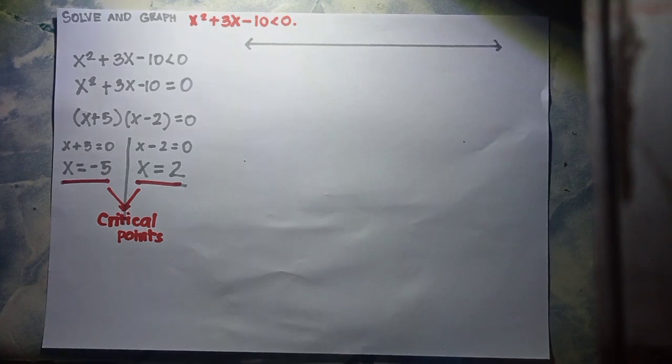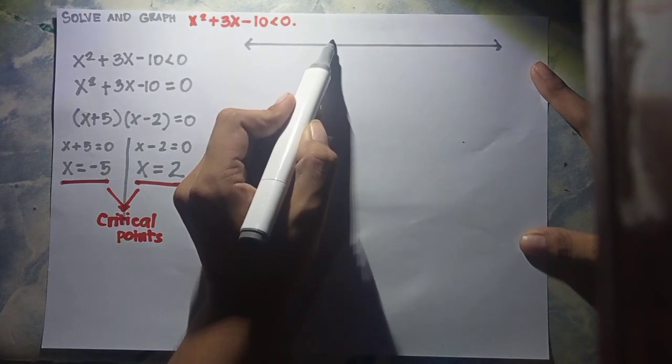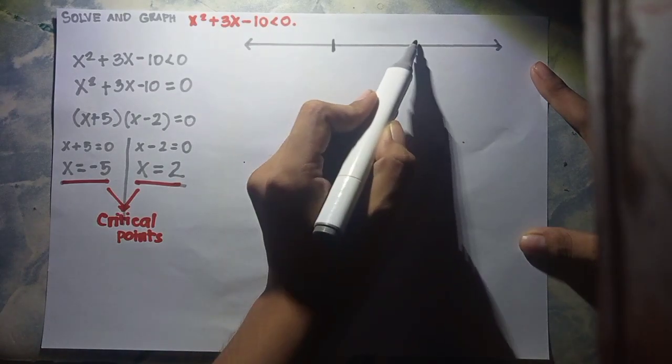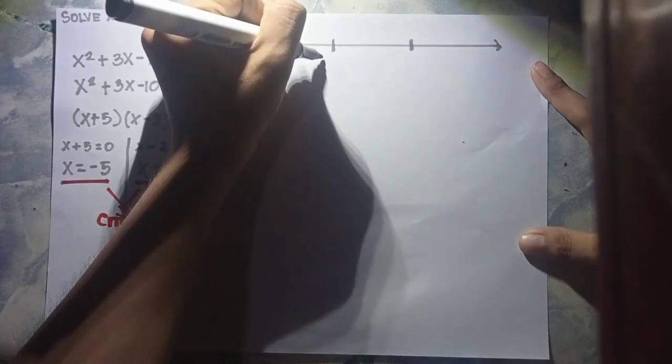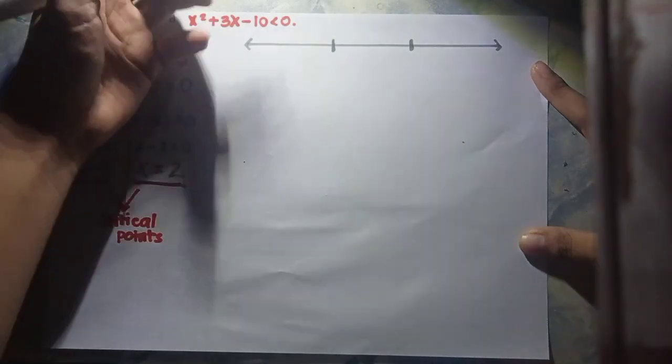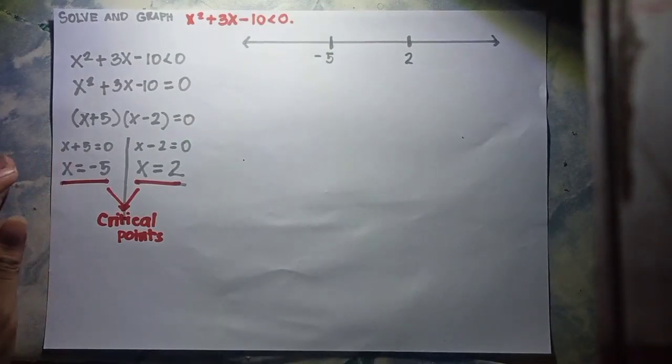In graphing, we do not have to draw all the numbers, but instead, we simply use these points as markings for the number line. So we will split this line into 3 areas: the left side, the middle side, and the right side. Now, we're going to put the negative 5 and the positive 2.